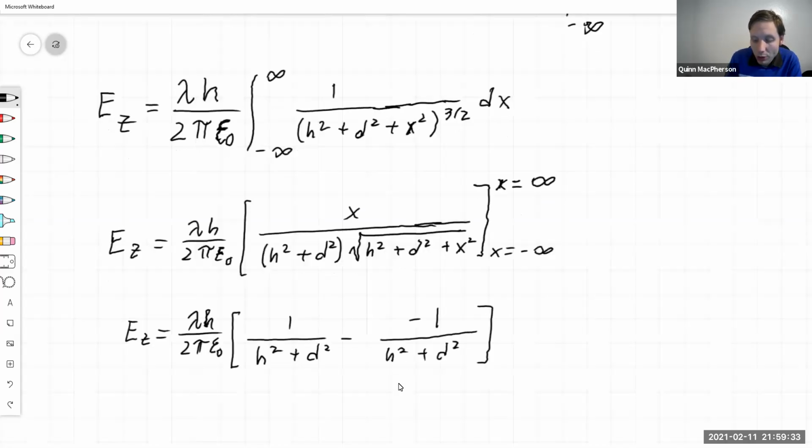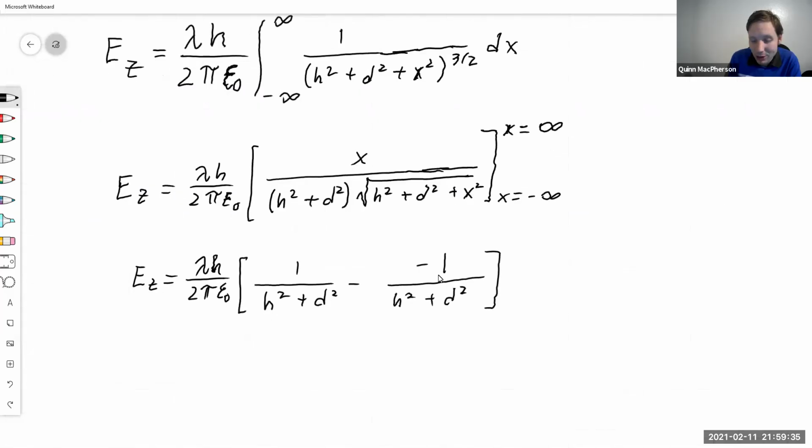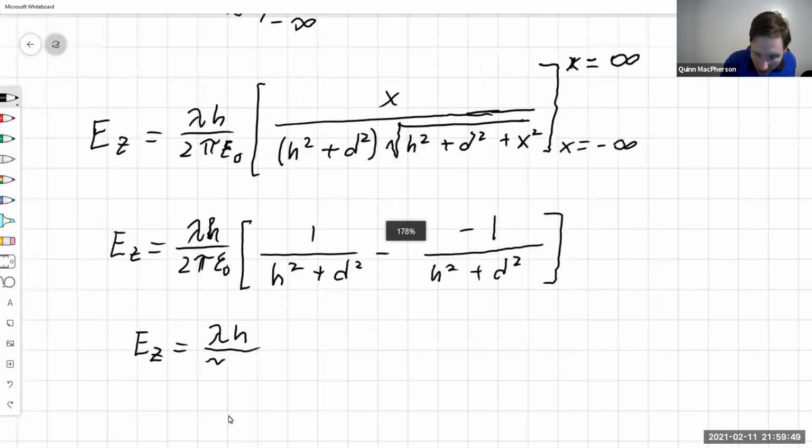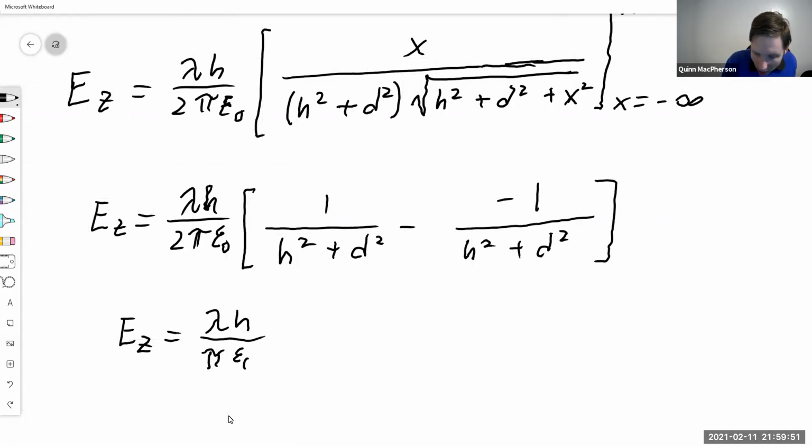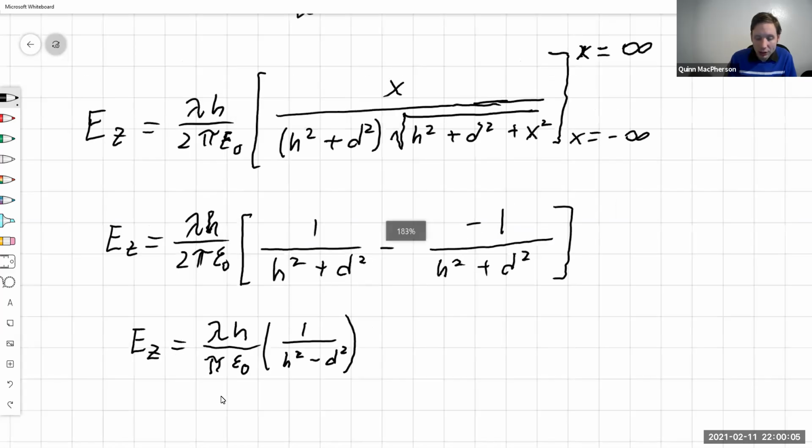Well, wouldn't you know, those are basically the same thing. They add together, just give us a 2, cancel that 2 there. We get Ez is equal to lambda h over pi epsilon naught times 1 over h squared plus d squared. So that is the electric field in the z direction.